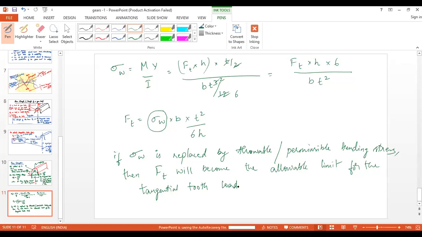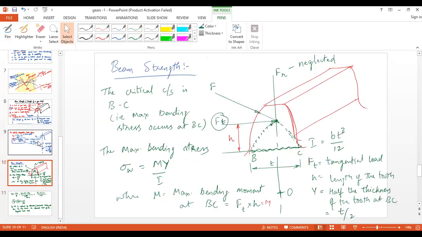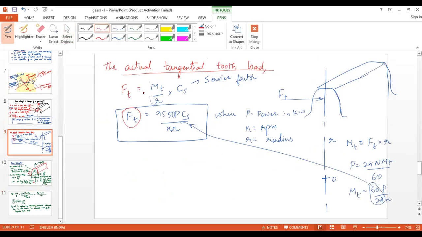That means this equation gives the strength of the beam, that is the maximum load carrying capacity of the beam. So if the strength is more than the load developed, then the beam will not fail because of the bending load.